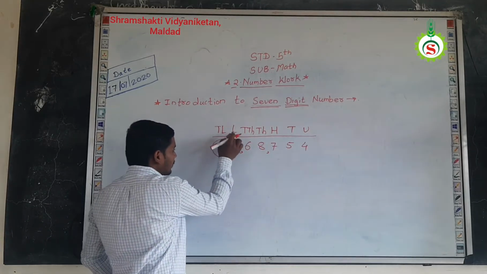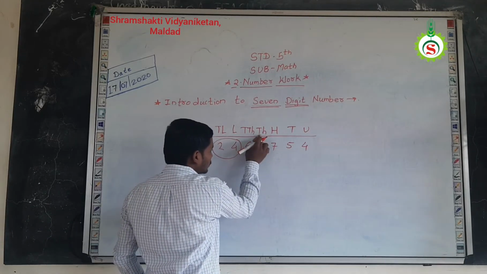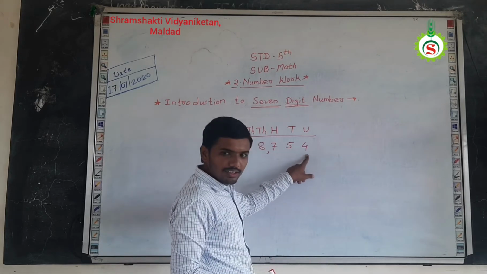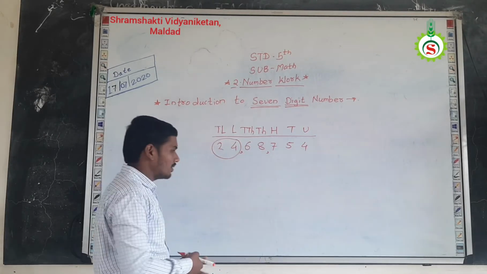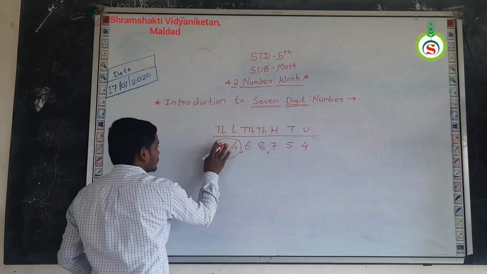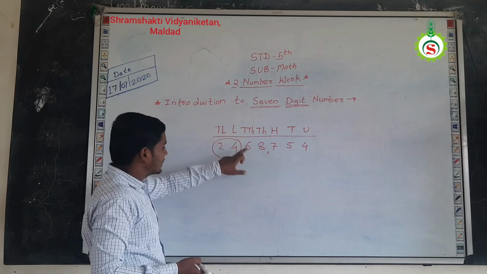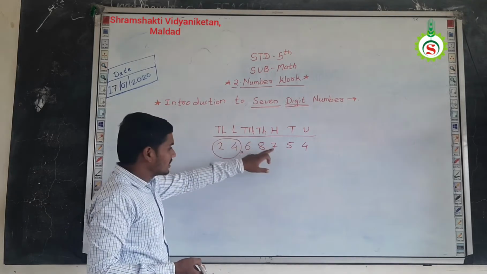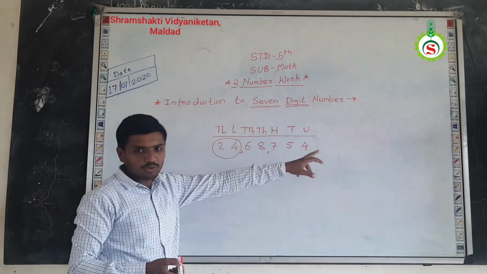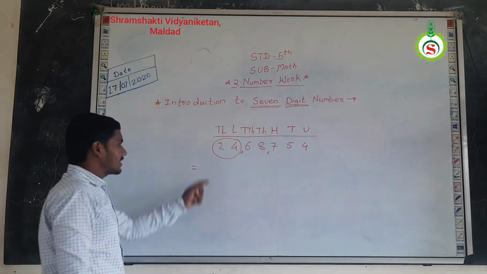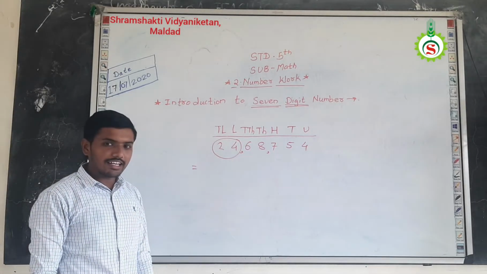So 24 lakh, 68,754. Like that I will read the number. Now, if I am to write that number into words, how will I write that number into words?